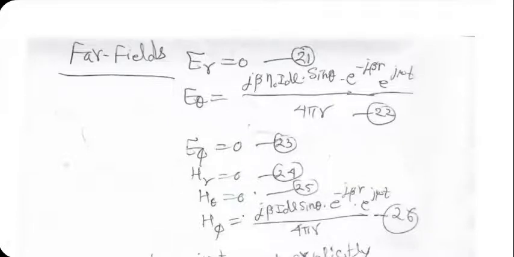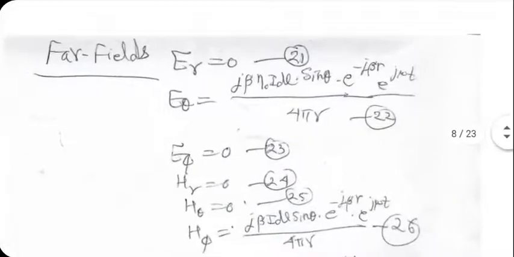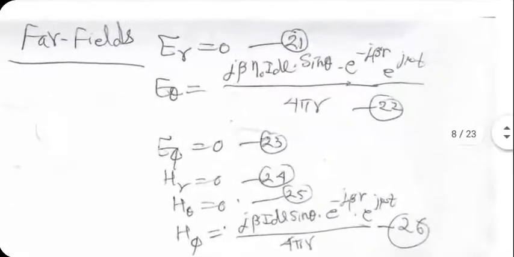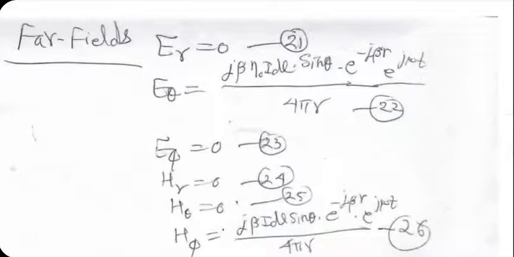Oh, by the way, in some cases I don't show e to the power j omega t all the time, but it is there. In some cases I do show it. If I divide E theta by H phi, everything cancels out except eta, or eta naught rather. This is far field, of course, not near field.